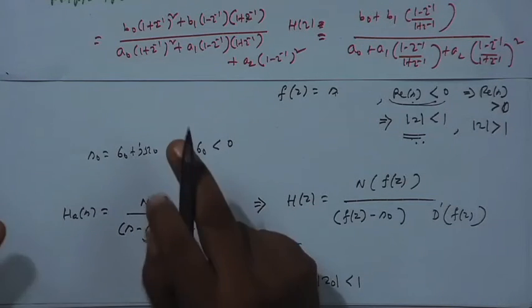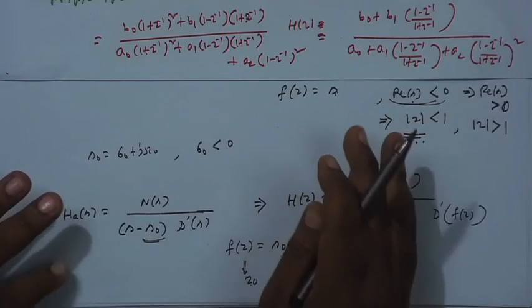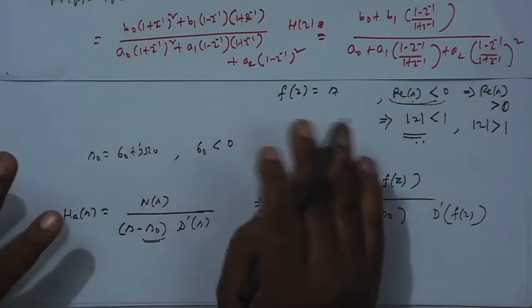That means all left half plane poles should map to poles within the unit circle.